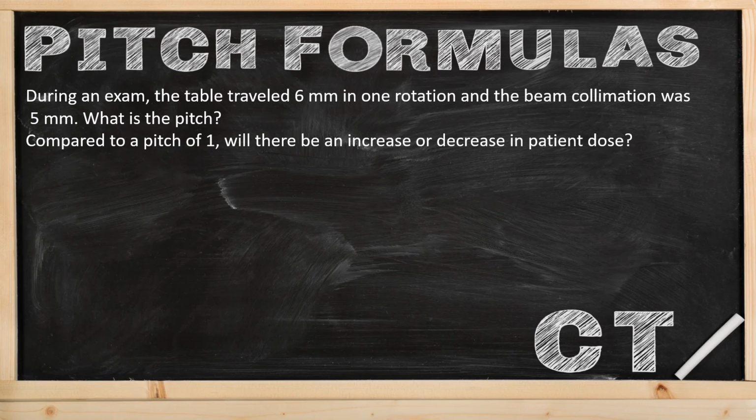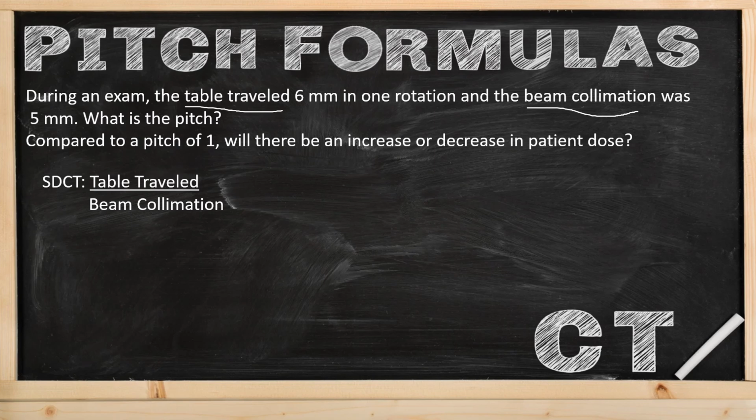Now that you have solved for the word problem, let's discuss. Once again, based on the key words, which are table traveled and beam collimation, I know that this is going to be a single detector CT pitch word problem. The table moves more than the beam collimation per rotation, resulting in gaps between the slices.